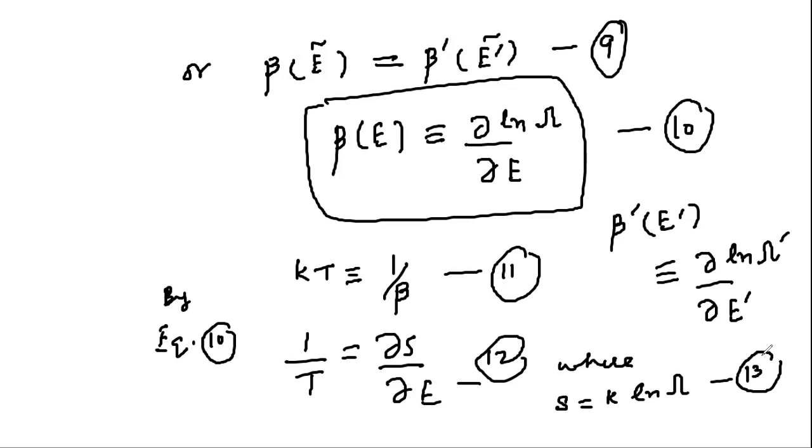This quantity S, as we have discussed already throughout, has a name. It is called entropy.